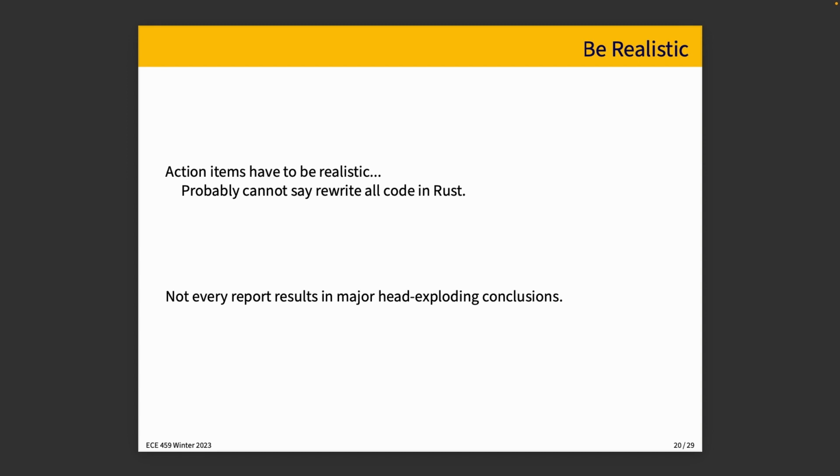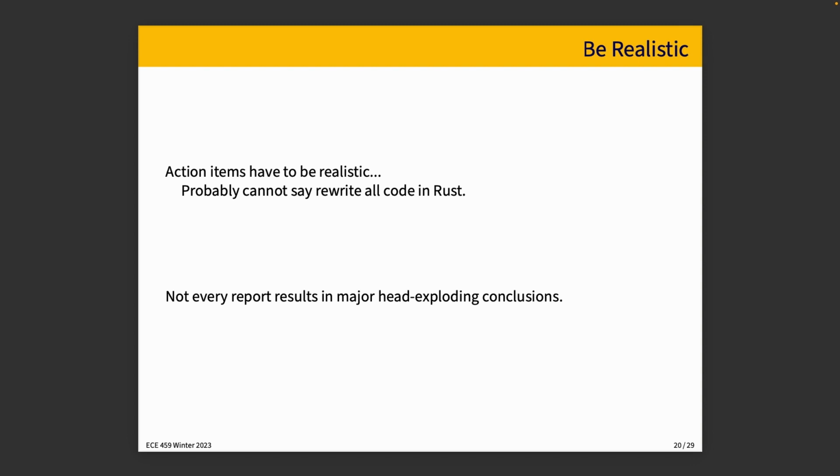Now maybe you could say from now on new services should be in Rust. That might be plausible, but you're not going to be able to convince everybody to rewrite everything. And whatever you come up with in terms of conclusions and recommendations, they're not always going to be sort of mind-exploding, I can't believe I never thought of that, inception moment revelations, right?